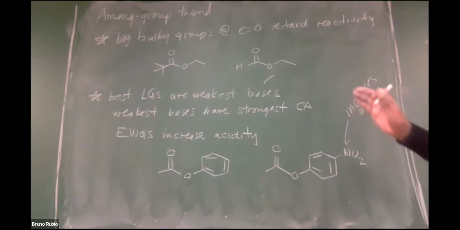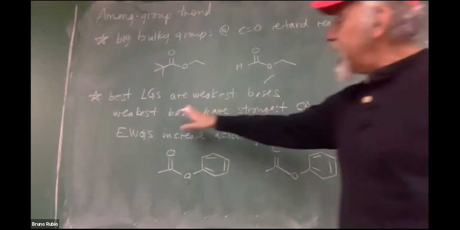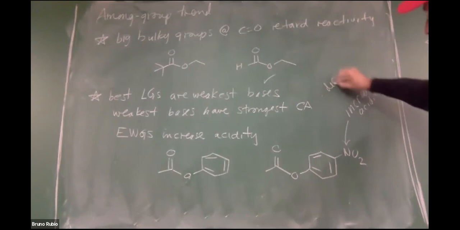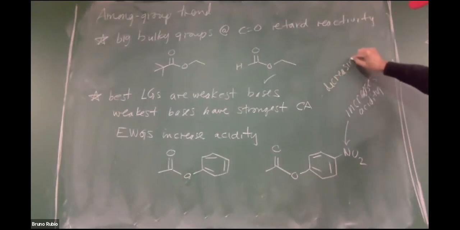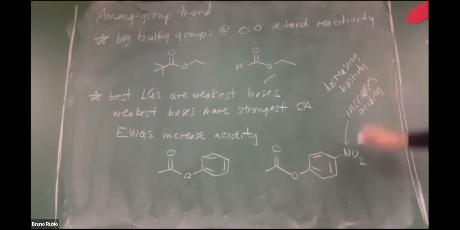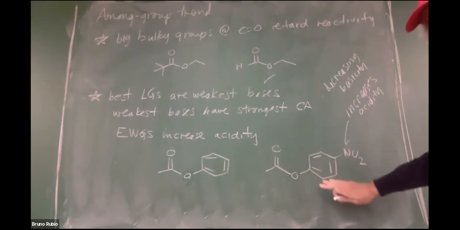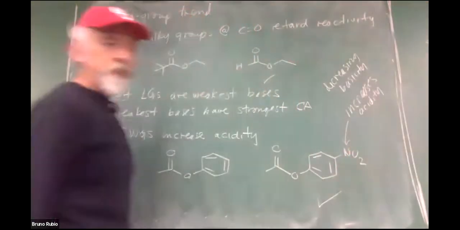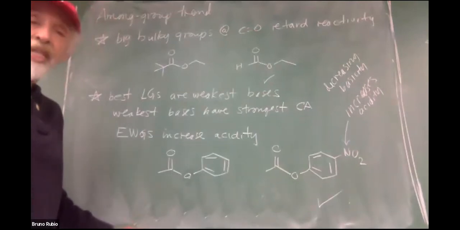Because a strong acid has a weak conjugate base. So this guy is increasing acidity, he's decreasing basicity. So this leaving group is a weaker base than this one. This guy is going to be the more reactive ester, right?